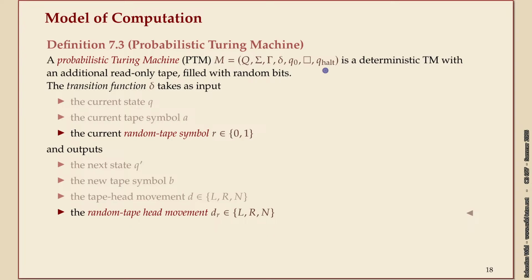Now, a probabilistic Turing machine is that same thing, and it's a deterministic Turing machine, which maybe is worth stressing, where we additionally have another read-only tape, which is conceptually filled with random bits. So it's an additional tape. So the machine has two heads.